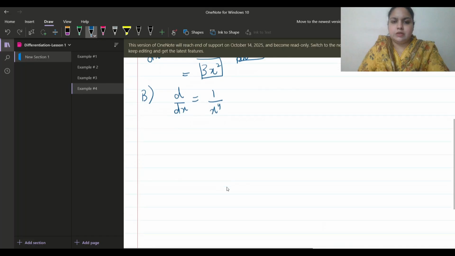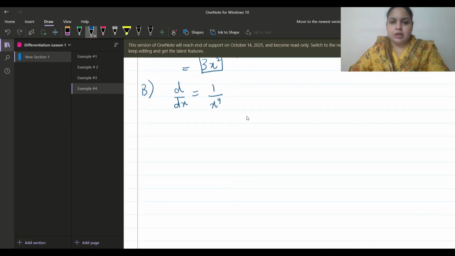What we can do is we can bring this power upwards, and we can invert it. So, d upon dx of x to the power minus 4. Now again, I'll apply the power rule.